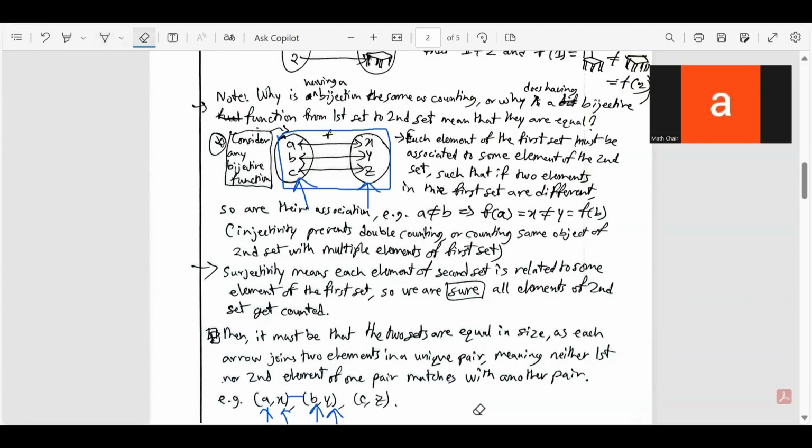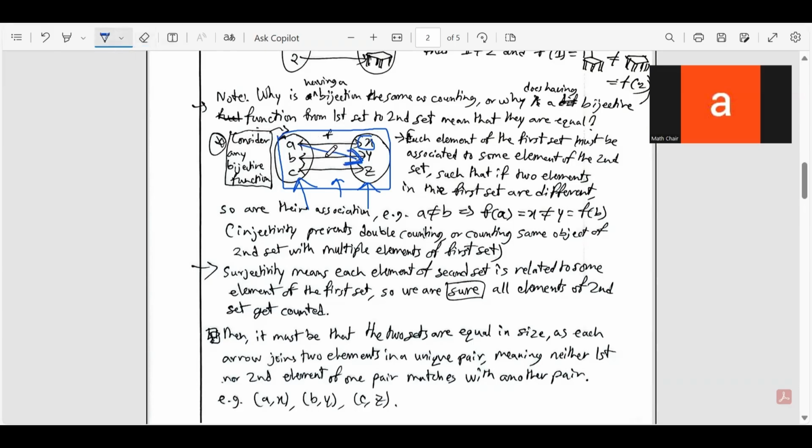So that's the thing. I can always represent a bijective function using arrows in this way, as in an arrow joining one element from the first set to one element in the second set, such that I don't have multiple arrows starting from the same first set element.